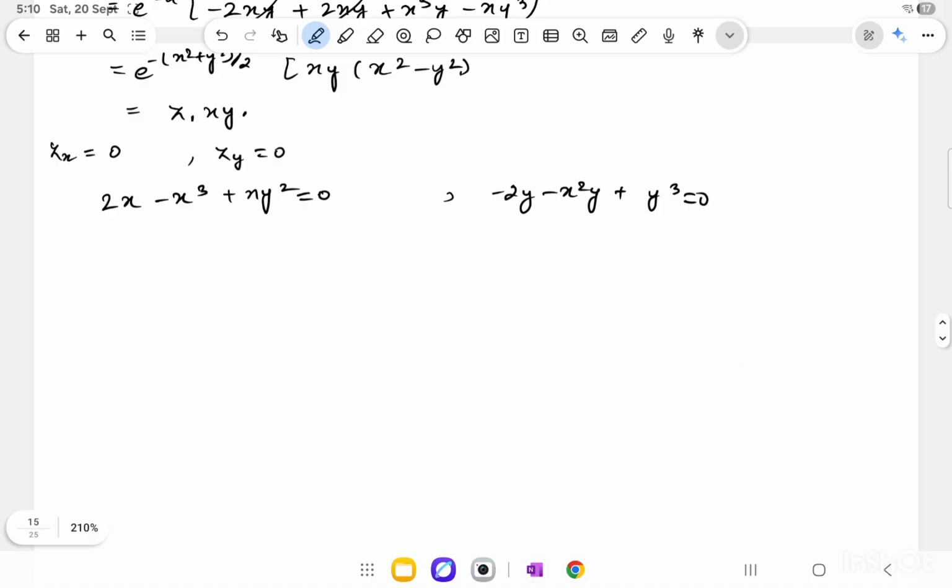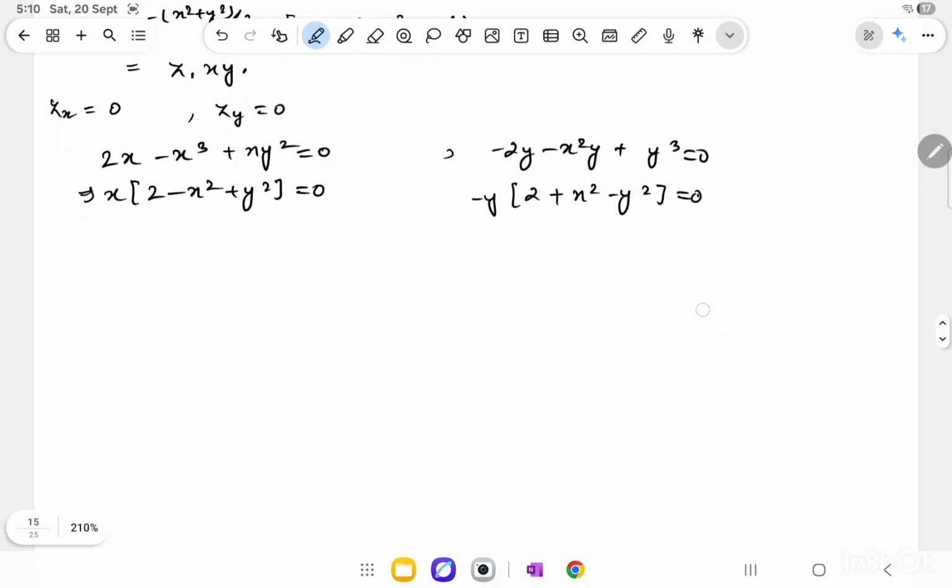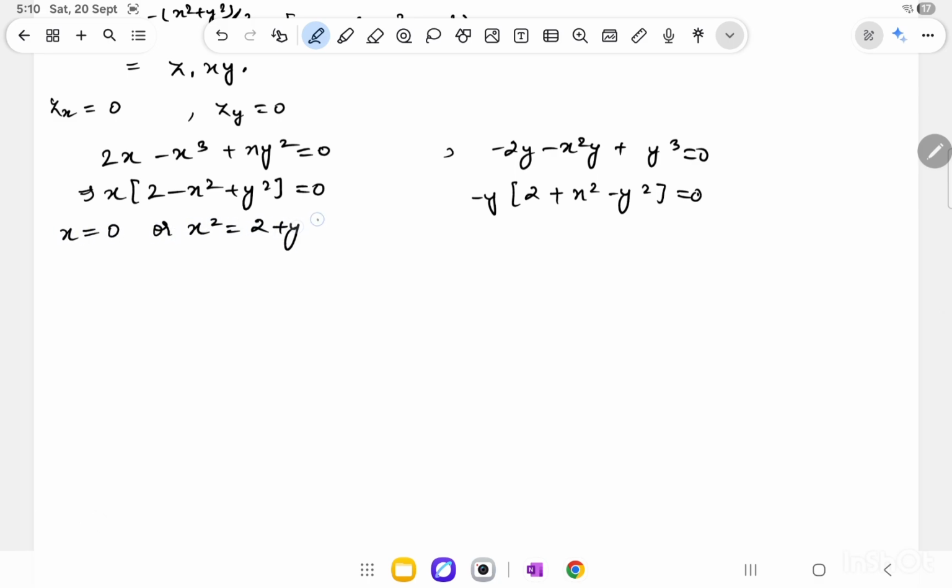So now I need to solve it for x and y. I can pull out x from here, so I'll get 2 minus x square plus y square equals 0. And if I pull out negative y from here, I'll get 2 plus x square minus y square equals 0. So from here I'll get either x equals 0 or x square equals 2 plus y square.